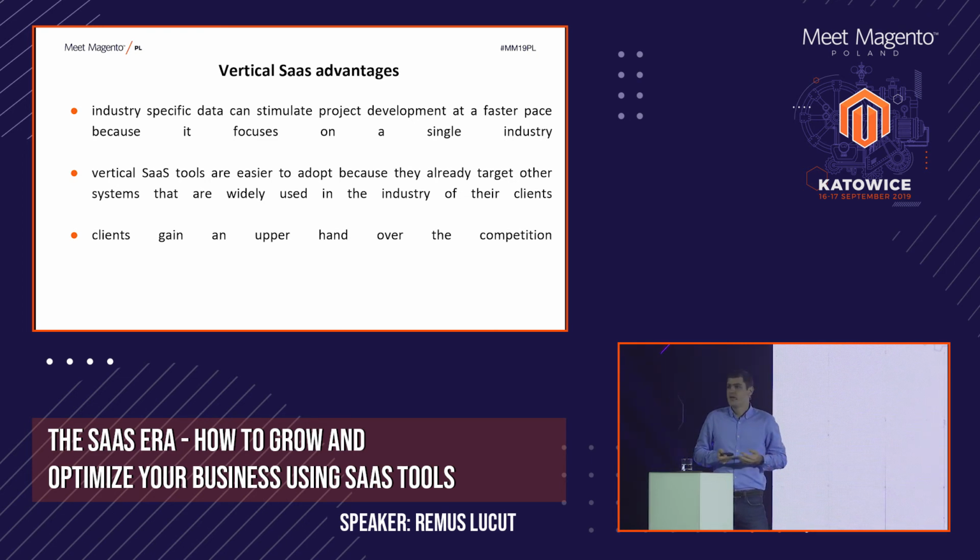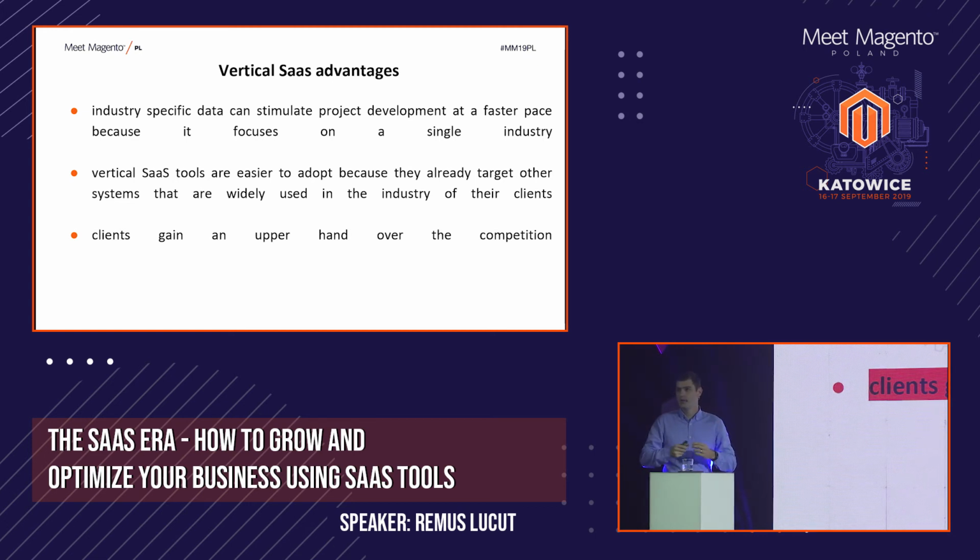And obviously, they're easier to adopt because when you're talking in the same language with the client, he knows that you have experience in that field. You already work with some other clients, maybe in an industry, or are focused on some other key players in that industry. And the client gains your trust as an expert in that field, and it can help you adopt them better.